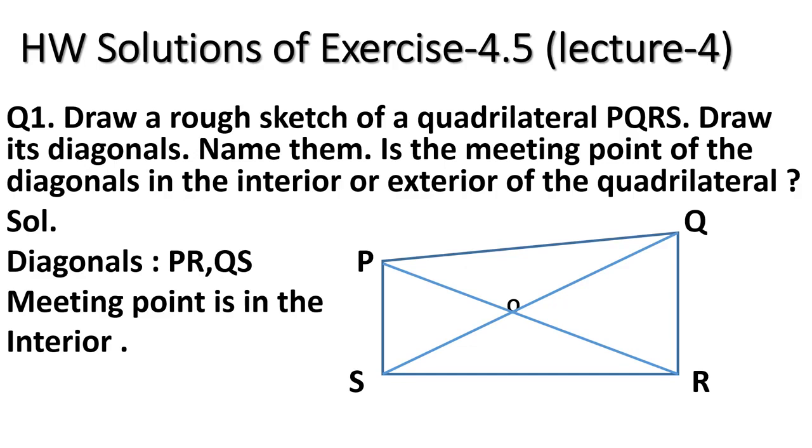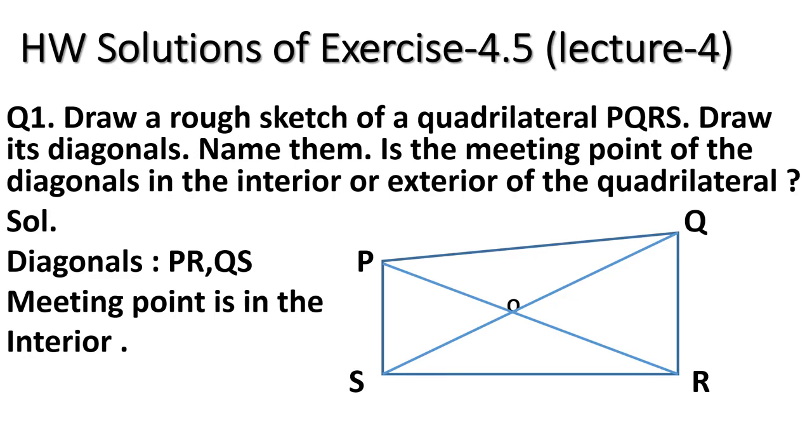First is draw a rough sketch of a quadrilateral PQRS. I have drawn quadrilateral PQRS, naming in a cyclic manner. Draw its diagonals. A line joining the opposite vertices.